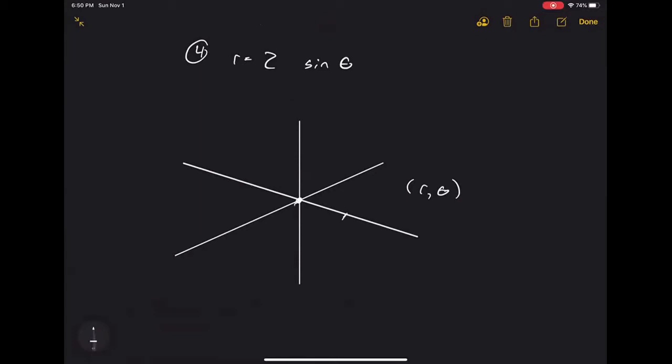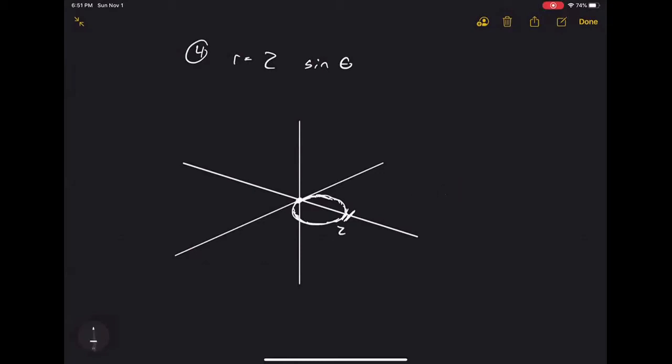So remember, this is the circle that sits on top of this axis, which we would formerly call the x-axis, and it's got diameter 2, not radius 2.